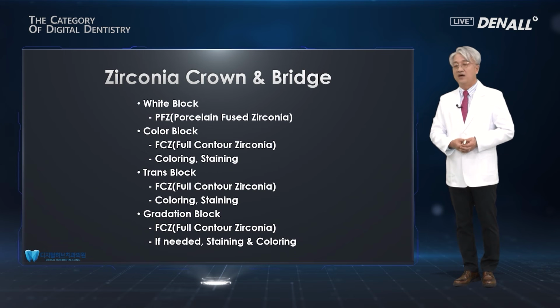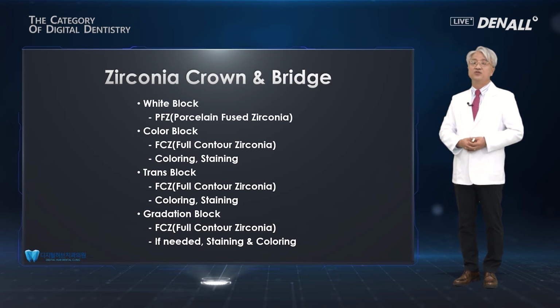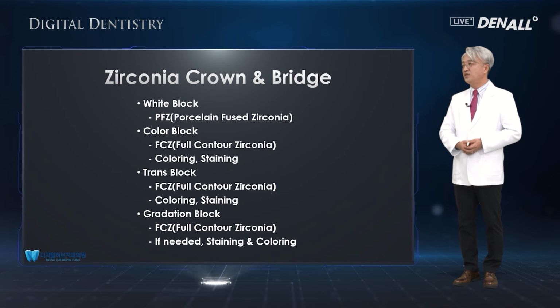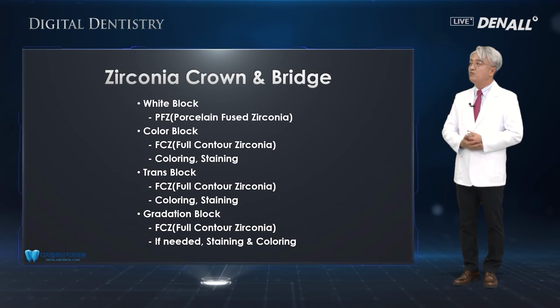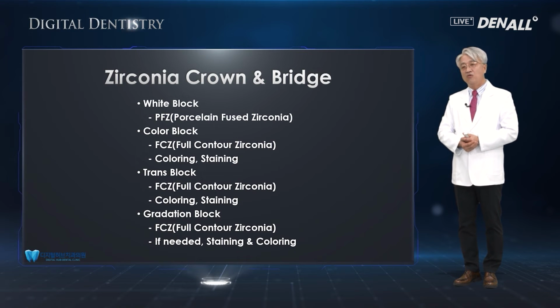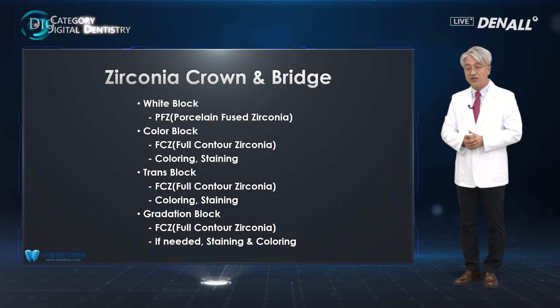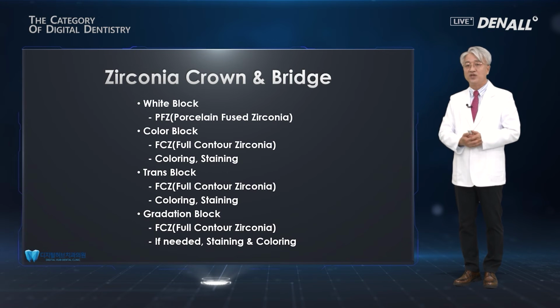First, zirconia has advanced a lot compared to the past. In the past, the full zirconia white block, which has no color, was first developed, and that block was mostly used as a core. For porcelain fused metal crowns, or PFM, that type of crown has metal on the inner side, so it didn't have very good color.